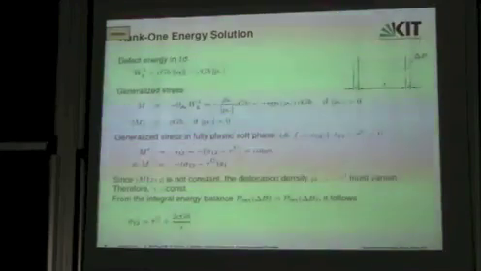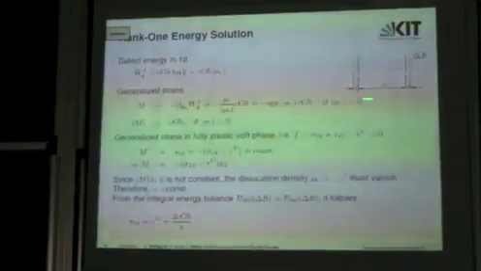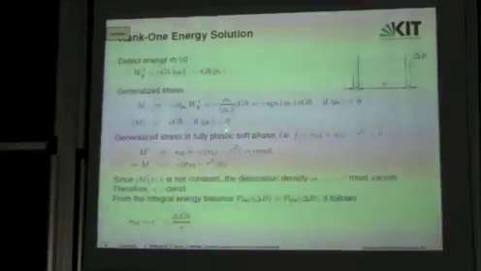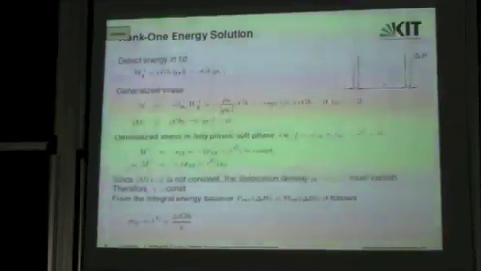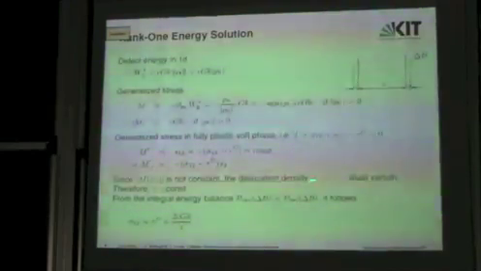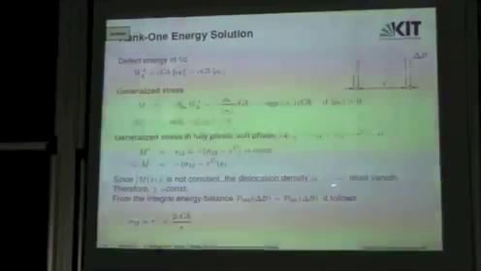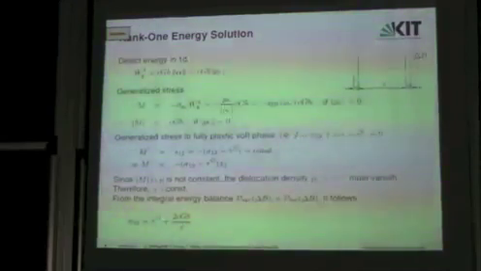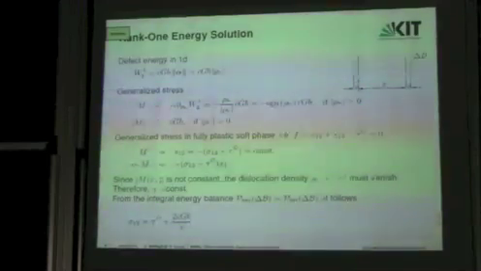Therefore, if it's linear in space, it's clearly not constant. So we find that we're not in this line here, but we're in this line here, which means that the dislocation density must vanish. So that's the result. And if the dislocation density vanishes, then also the gradient of the plastic slip, of course, must vanish, which means that the plastic slip in the soft phase is simply constant. And this makes the whole computation then very easy.